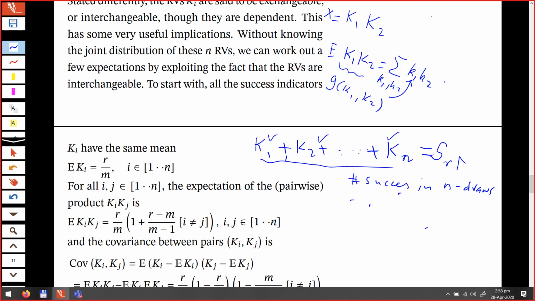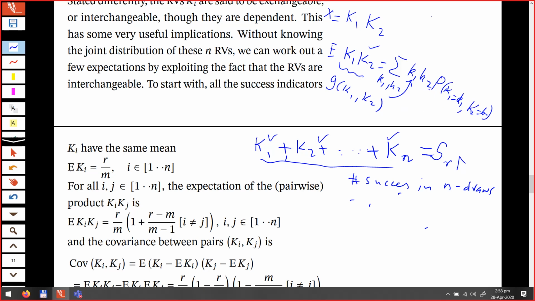And then you multiply this with the probability of K1, K2, the joint probability, because this is a 2 variable. So it means that K1 takes that value and K2 takes that value.